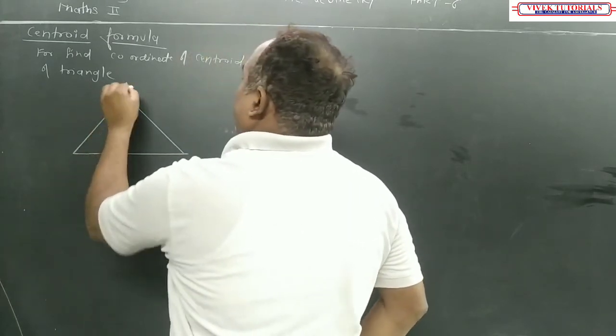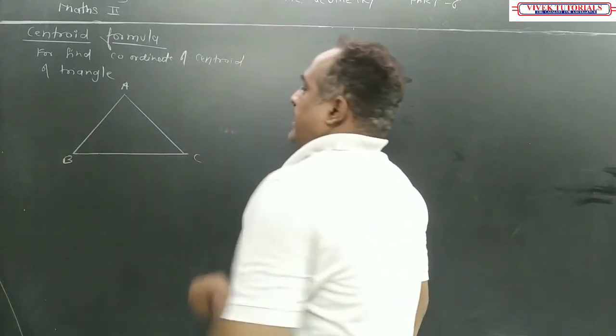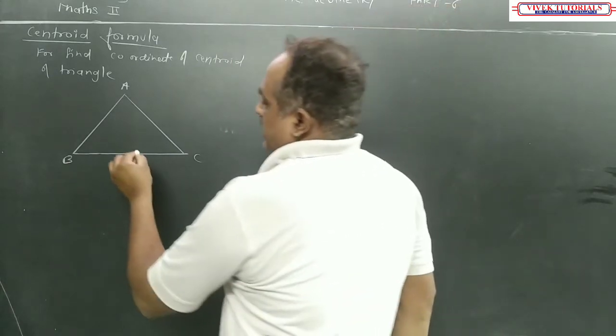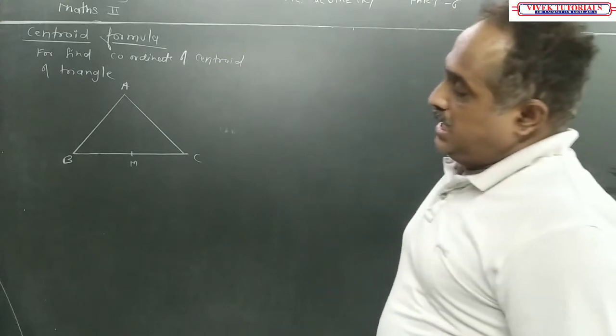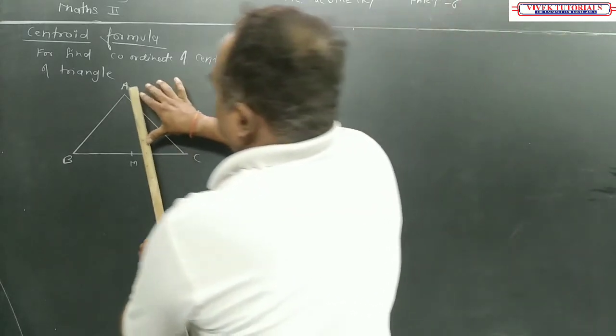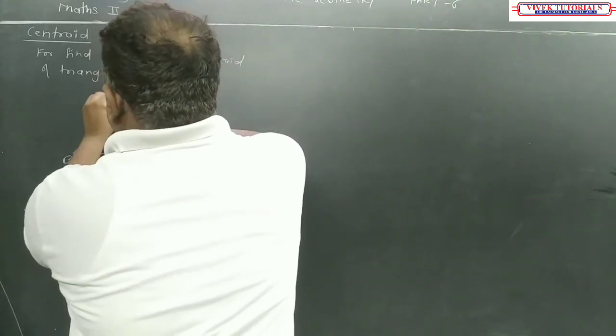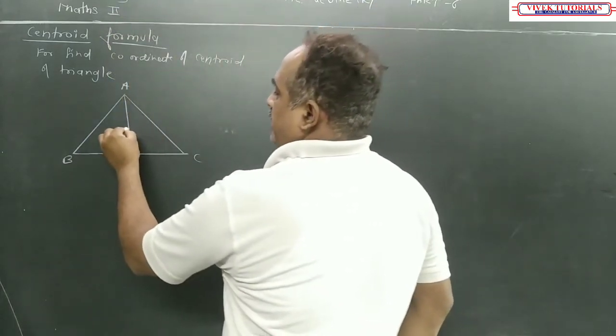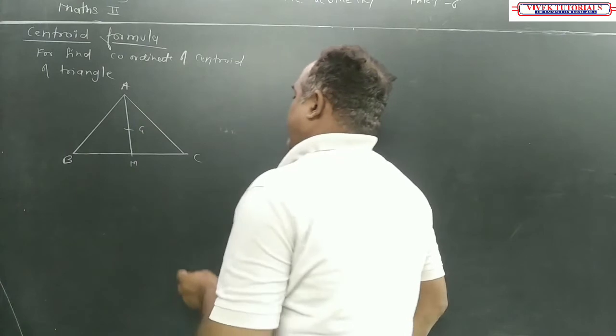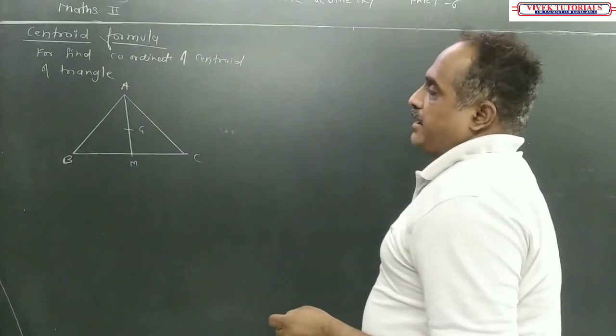ये ट्राइंगल ABC है. ओके, ABC में से AM is the median. AM is the median. And G is a centroid. Correct?